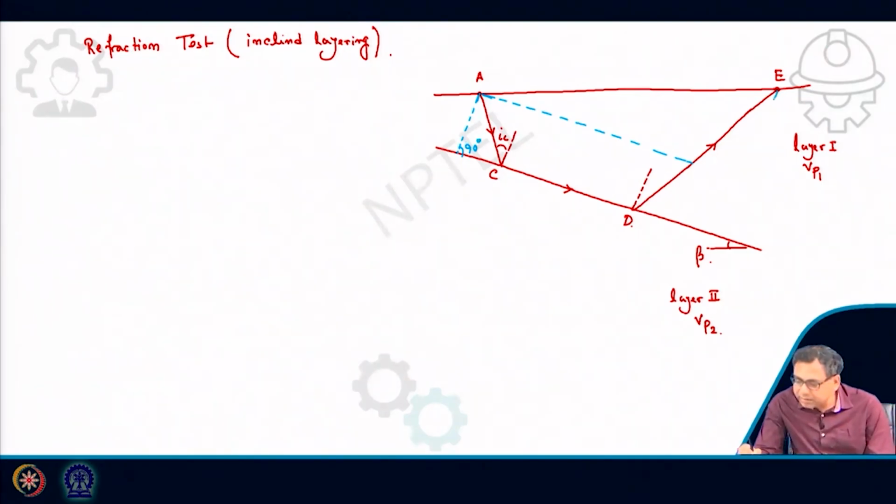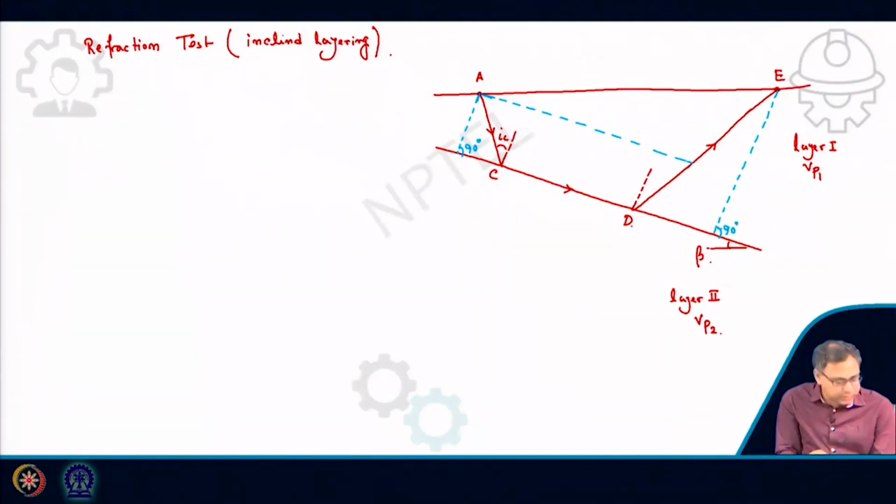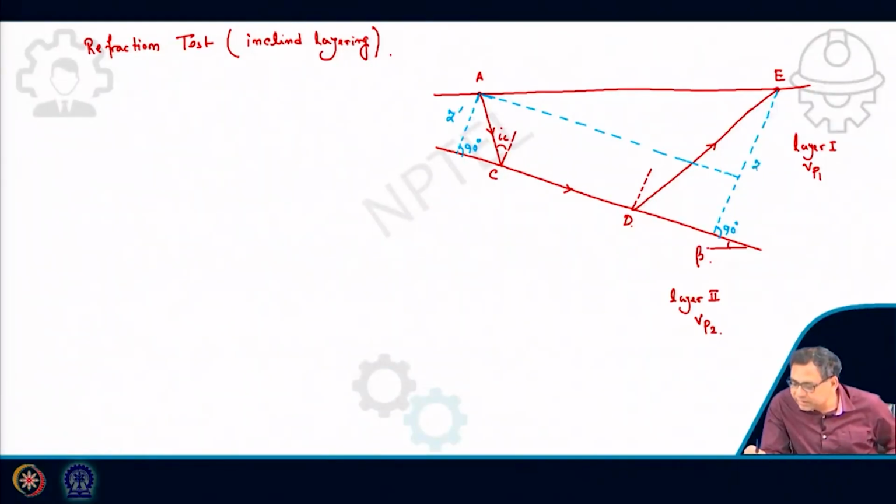Similarly, I will draw another perpendicular line from the geophone E to the boundary of the layers. This is also a perpendicular line. Then I will extend this line. This one is say Z dash, and this is say Z double dash.